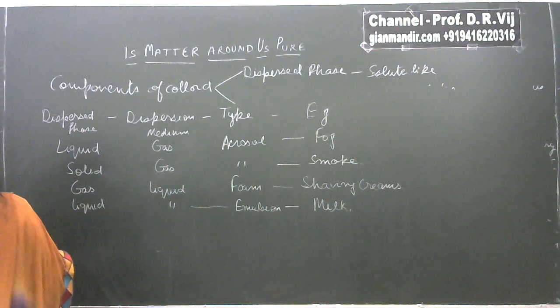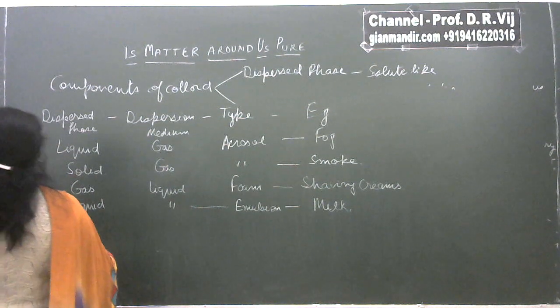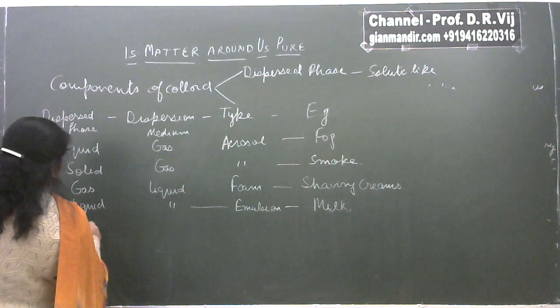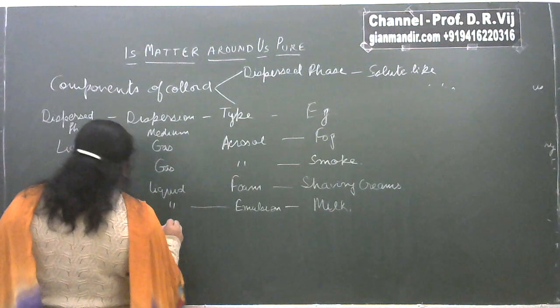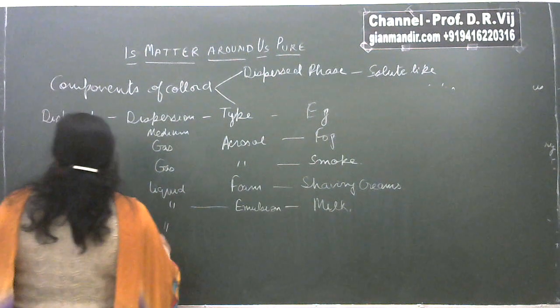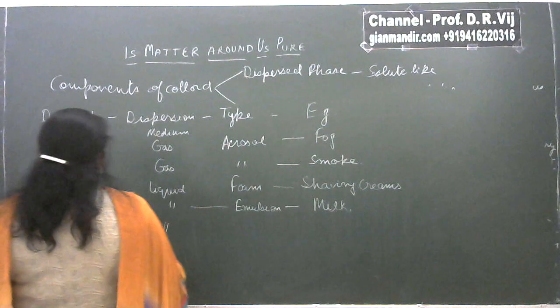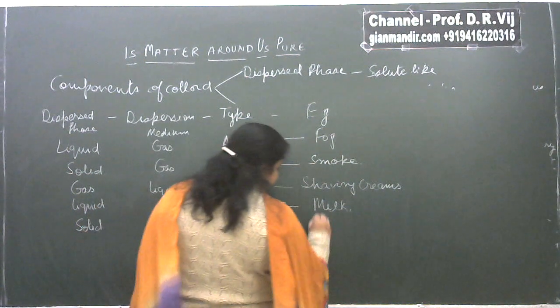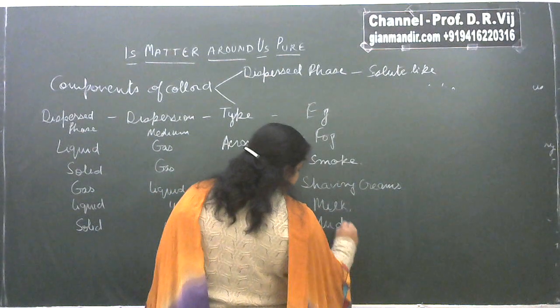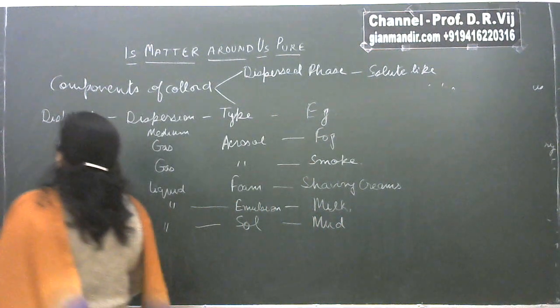Another one here is when the dispersed phase is solid and the dispersion medium is again liquid, and here the type of colloid is known as sol. For example, here you can take the case of mud, right?